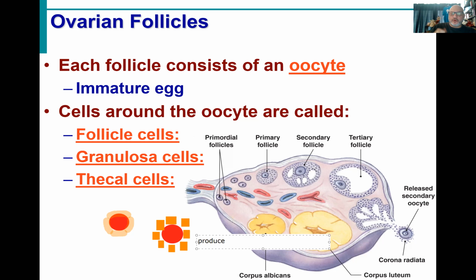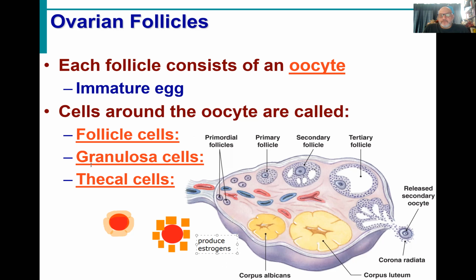In particular, what hormone class do you think is produced by these granulosa cells? Estrogens, excellent. These granulosa cells produce estrogens. So notice a follicular cell is just an immature granulosa cell.